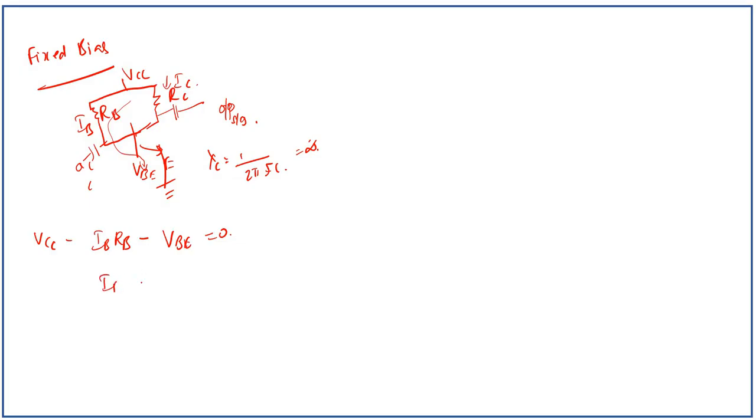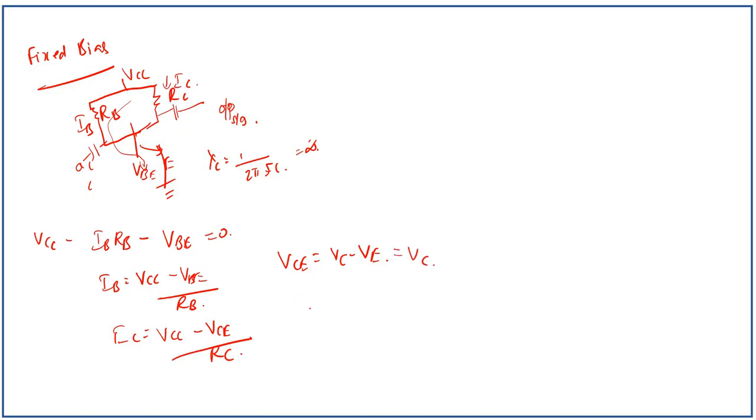So IB equal to VCC minus VBE by RB for fixed bias, and IC equal to VCC minus VCE by RC when we write KVL for the output side. VCE equal to VC minus VE, and VE is 0 since it's directly grounded, so it's equal to VC. VBE equal to VB minus VE, which is also equal to VB.